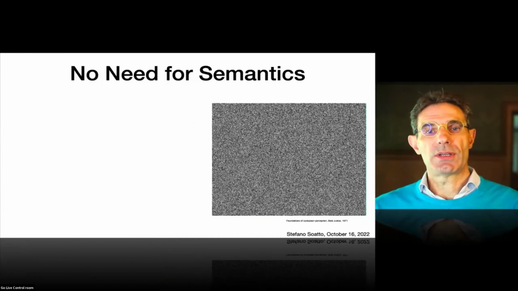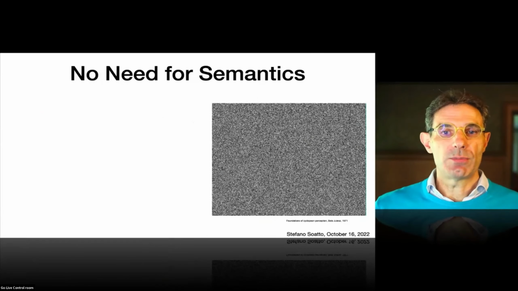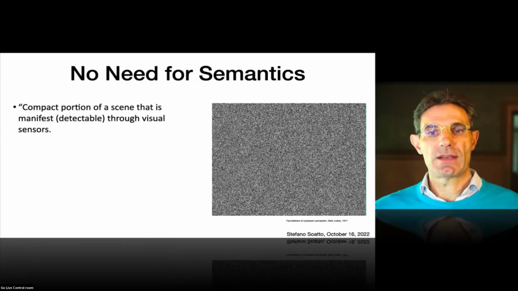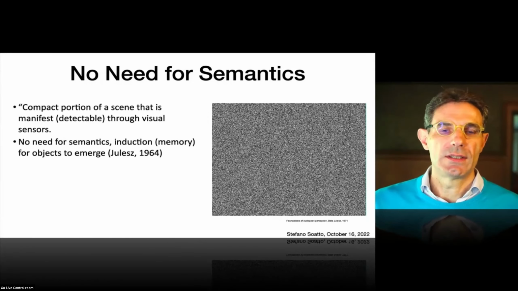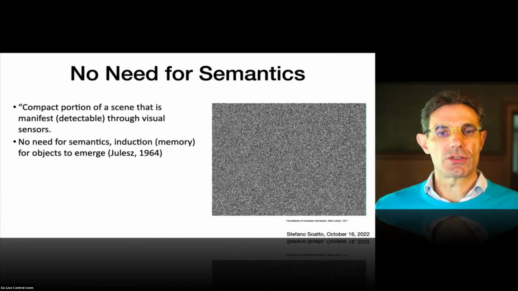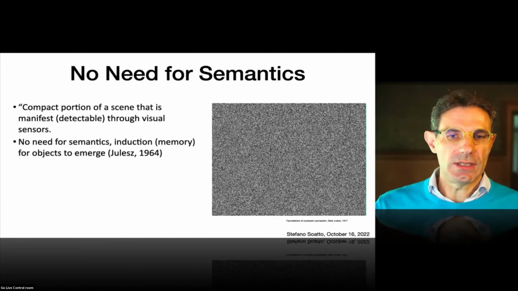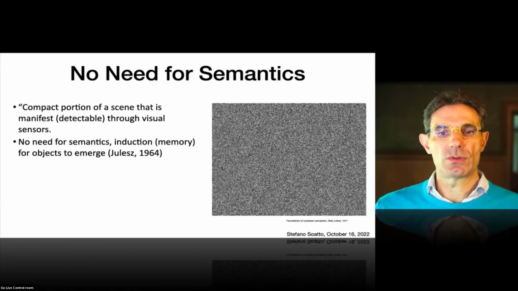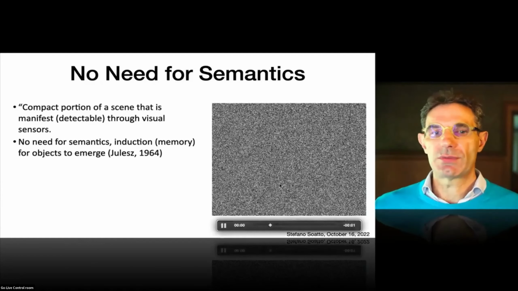And the second point I would like to make is that you do not need labels or names or interpretations or semantics to discover or to detect them. This is also not a new idea. Bela Julesz in the 60s made this point compellingly by removing from the images all their pictorial content. So there is nothing to understand or interpret in the images, but as soon as time flows, you can clearly see objects emerge, whether or not you have names for them.